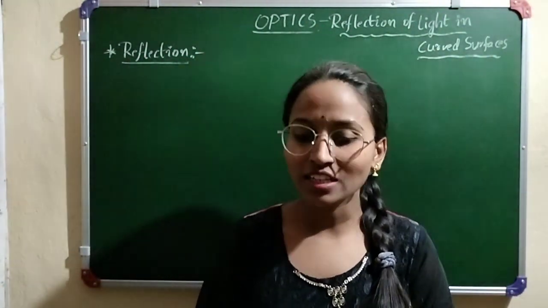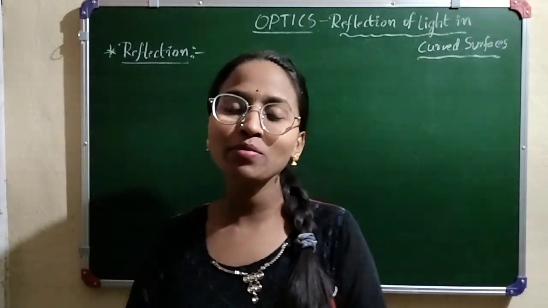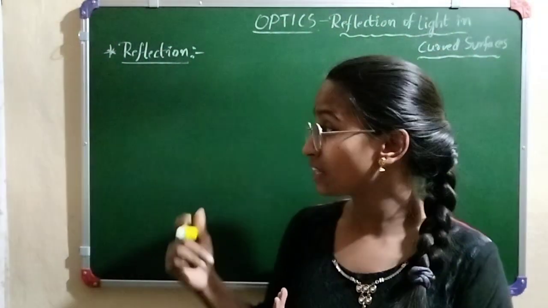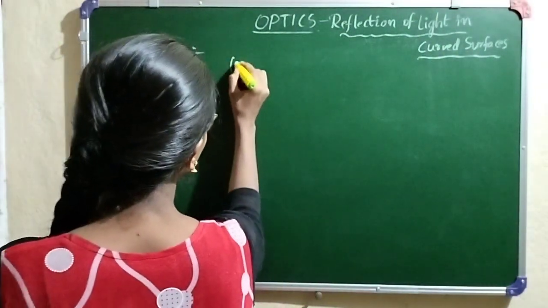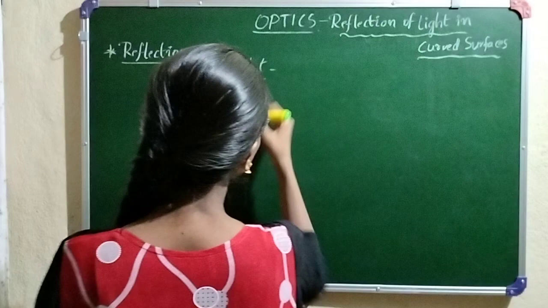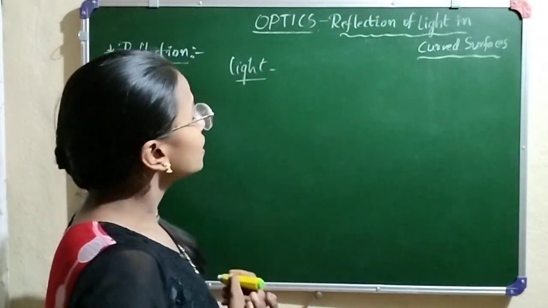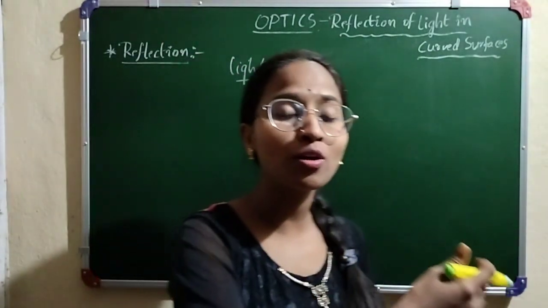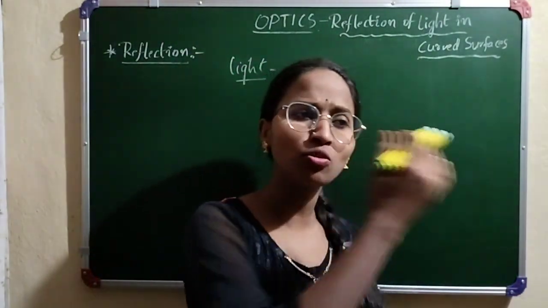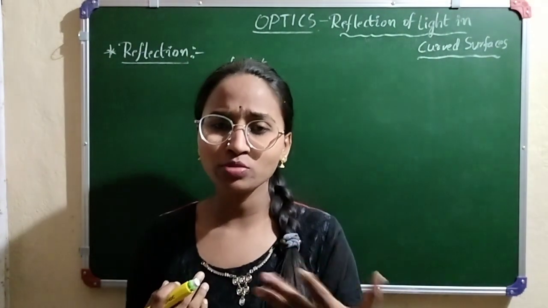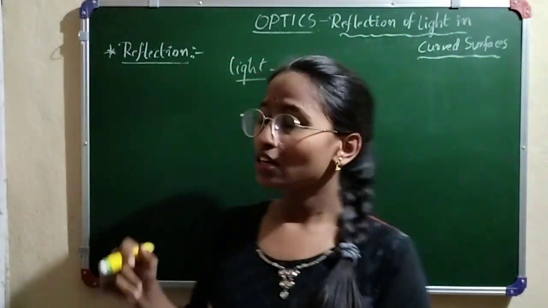Light is an energy which can make a visual sensation, which makes an object visible for us. Visual sensation means which can make an object visible. That is only the light.